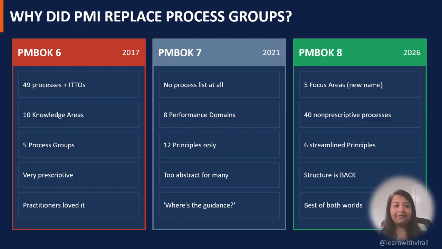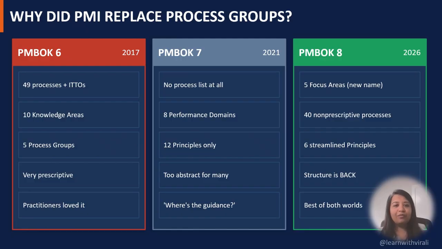Practitioners did love this approach, but then came the next version, PMBOK 7, which arrived in 2021 and completely removed all of these processes that were in place. So there is no process list, no knowledge areas, just 12 principles and 8 performance domains. That's all we had in PMBOK 7.